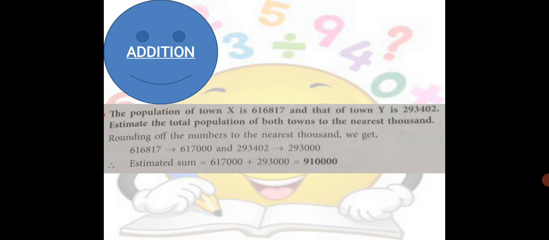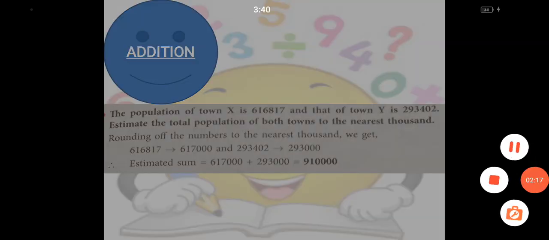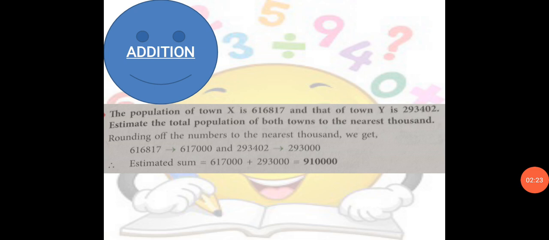What I said, the population of town X is 6,16,817 and that of town Y is 2,93,402. Estimate the total population of both towns to the nearest thousand.